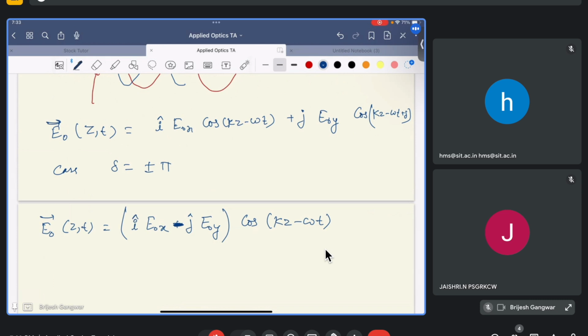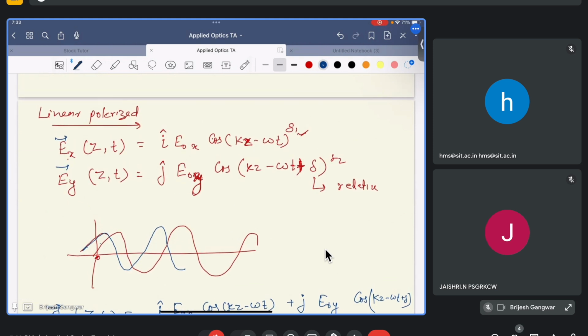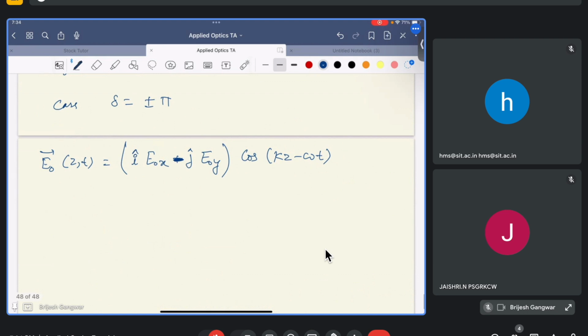Okay, so this wave is again linearly polarized, because this wave is linearly polarized and this wave is also linearly polarized. We are saying this amplitude is only in one direction, and here it is also only in one direction, which is the unit vector.